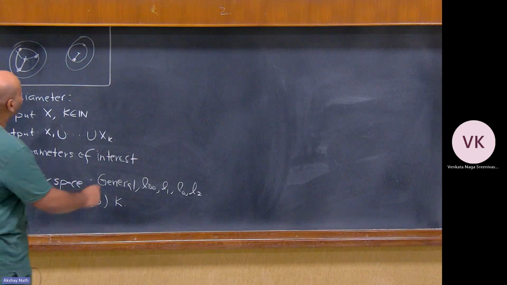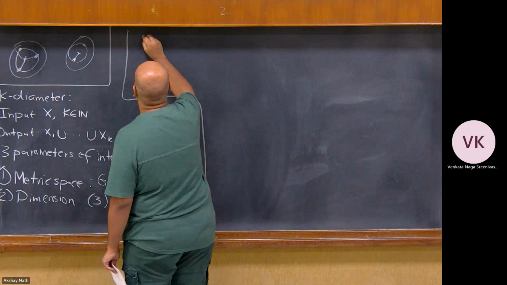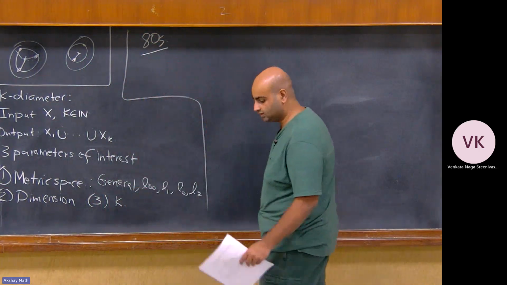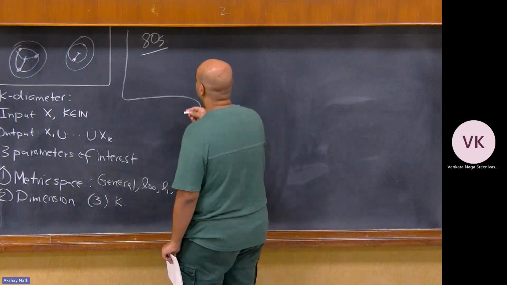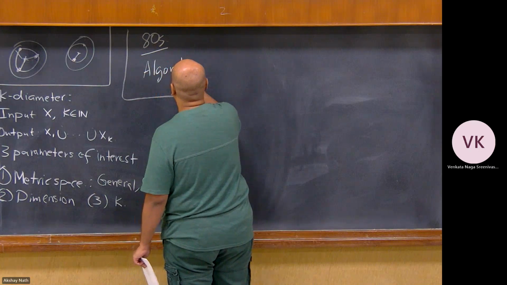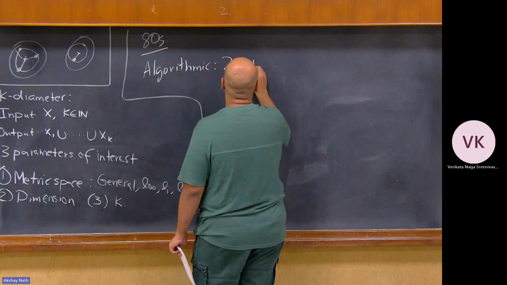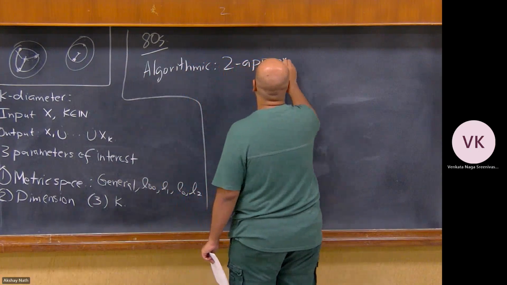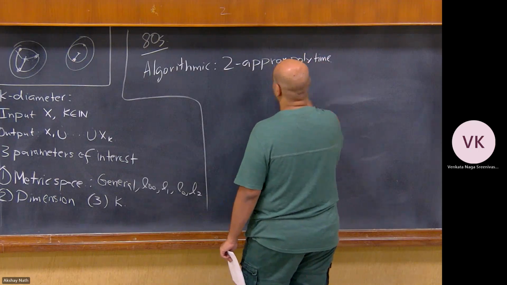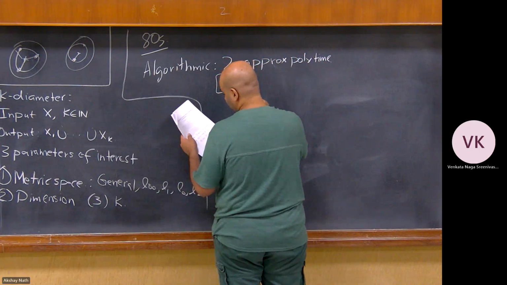And it turns out in the 80s, we did understand many combinations. So we know from the algorithmic side, there's a 2 approximation in polynomial time. This is basically Gonzalez.